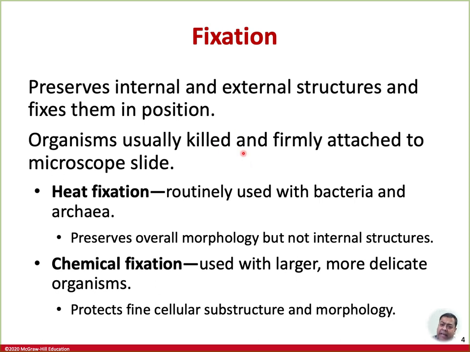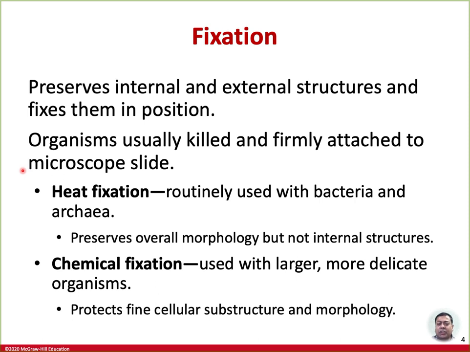It inactivates the enzymes that might disrupt the cell morphology and toughens the cell structure so that they do not change during the staining and the observation. The microorganism usually is killed and attached firmly to the microscope slide during the fixation, so that when you stain the specimen, it will not be washed off by these several procedures.